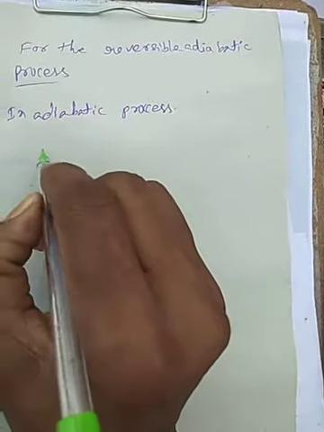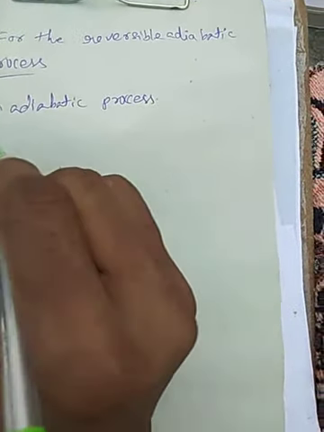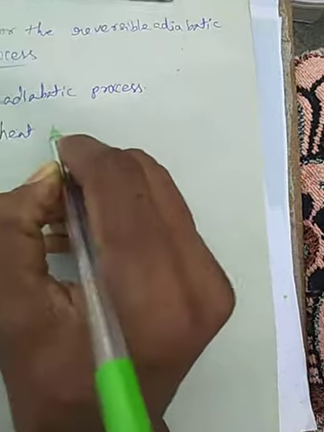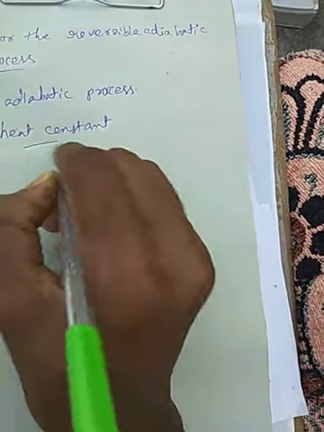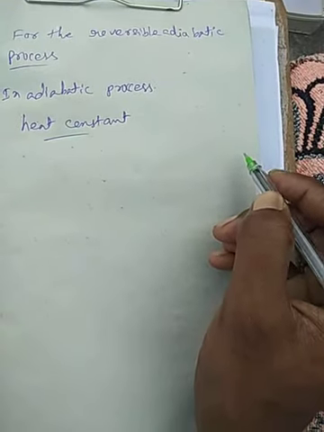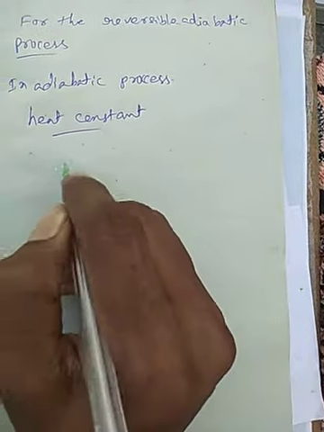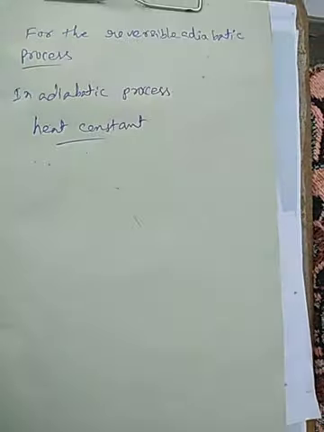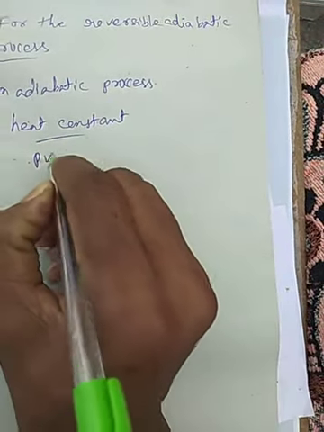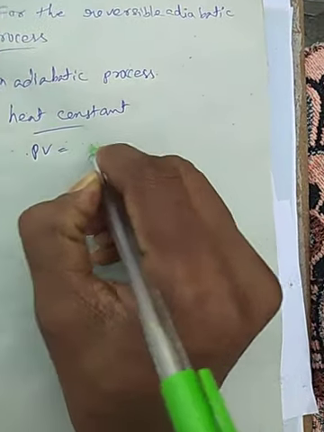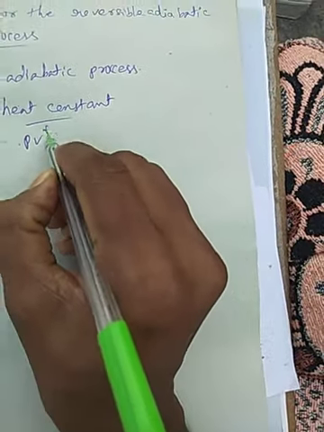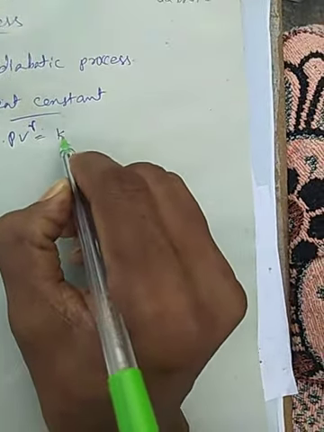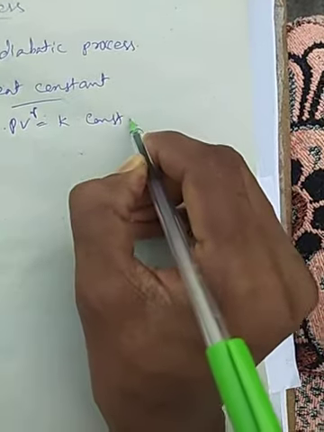at constant heat, we can write PV to the gamma is equal to K, a constant.